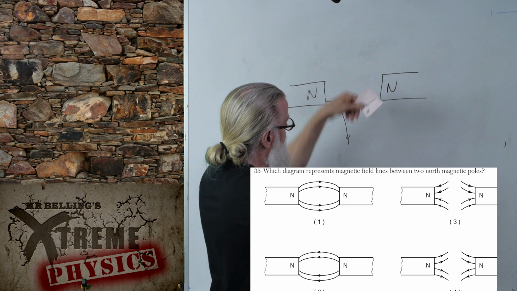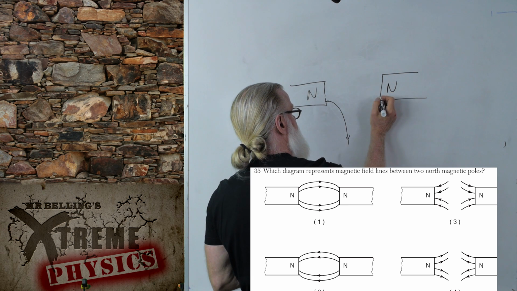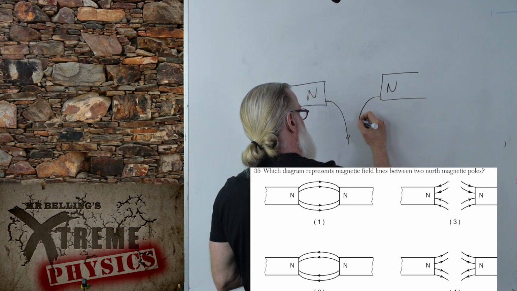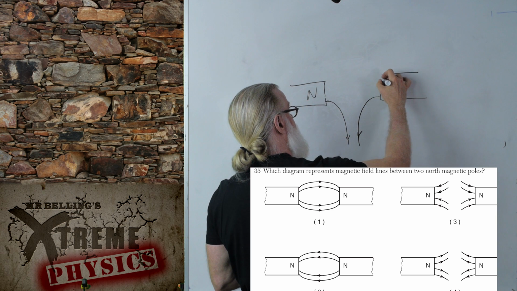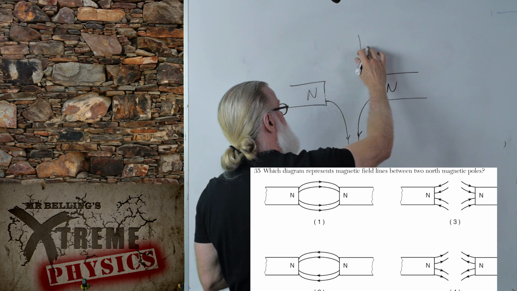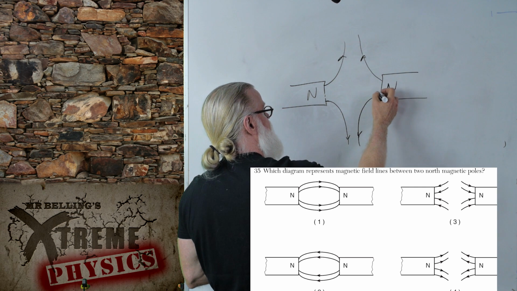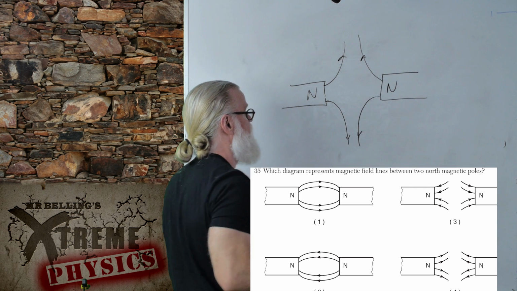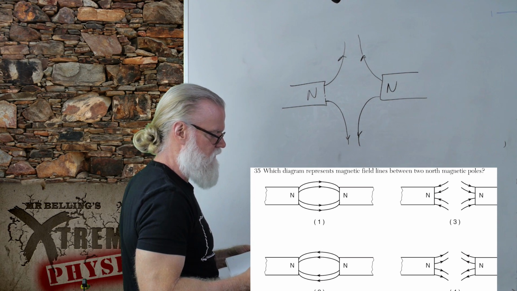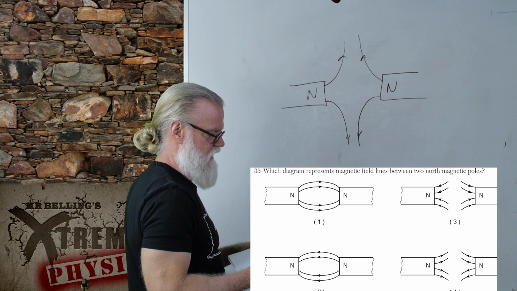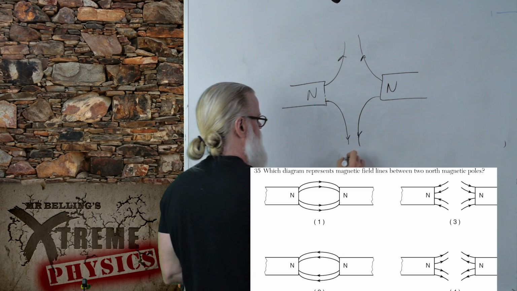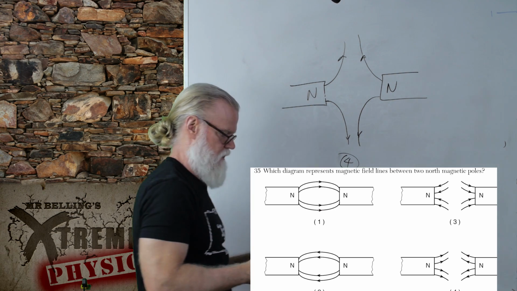It'll point that way, but it does not keep pointing that way because it sees that other one. It's going to go like that, and then like that. And we got symmetry. Anyways, so I'll go something like that. I guess that is choice 4.